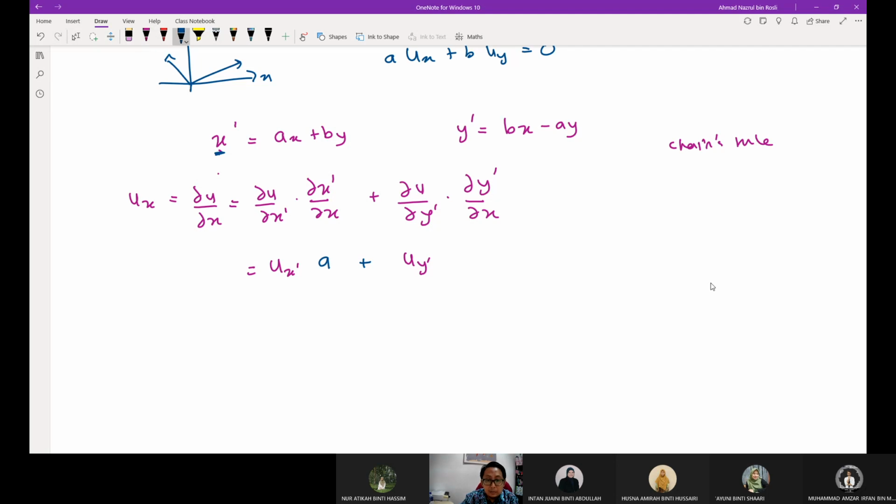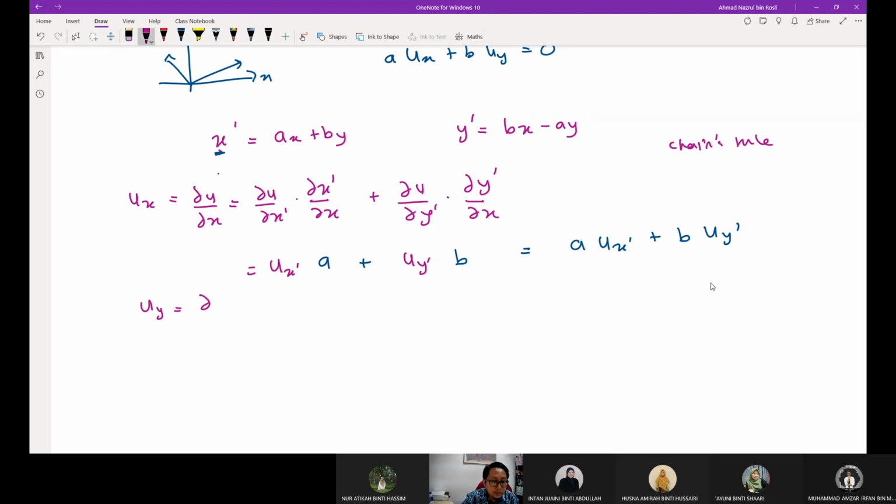For dy prime over dx, with x only you can get the value b. So for this you get a u x prime plus b u y prime.